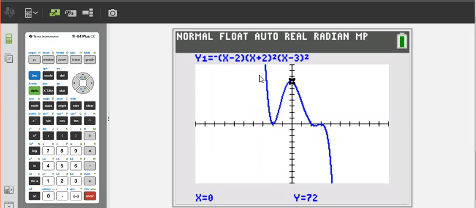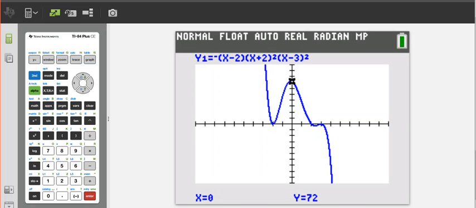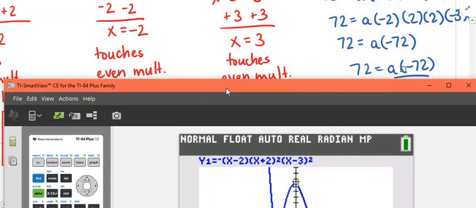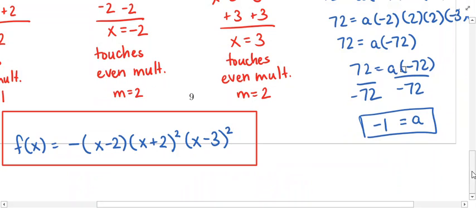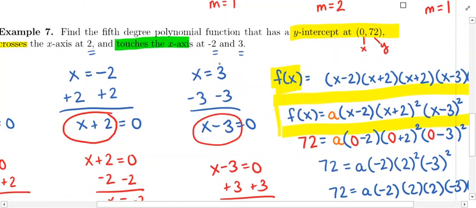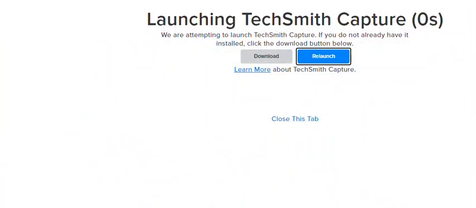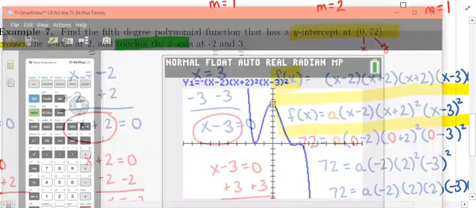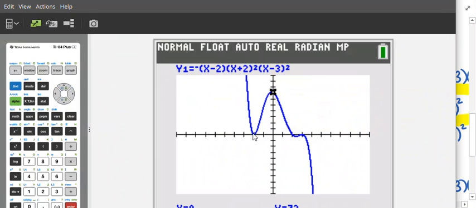I do see one at -2, and at -2 we are touching. So let's go back up to our verbal description. At -2 and +3, we should be touching. So let's look at that. Here's -2, you see where the arrow is, so I'm touching there.